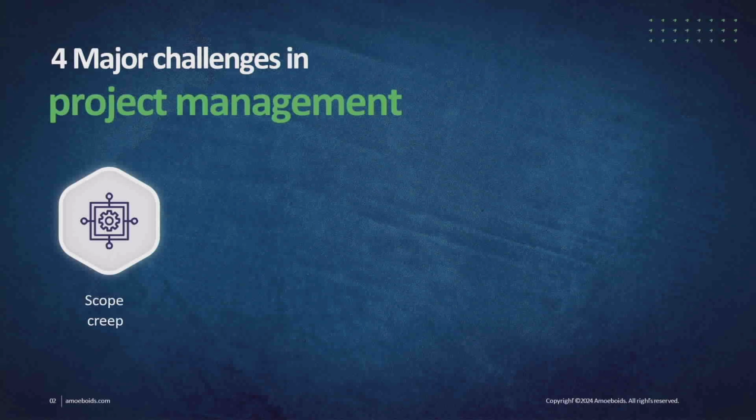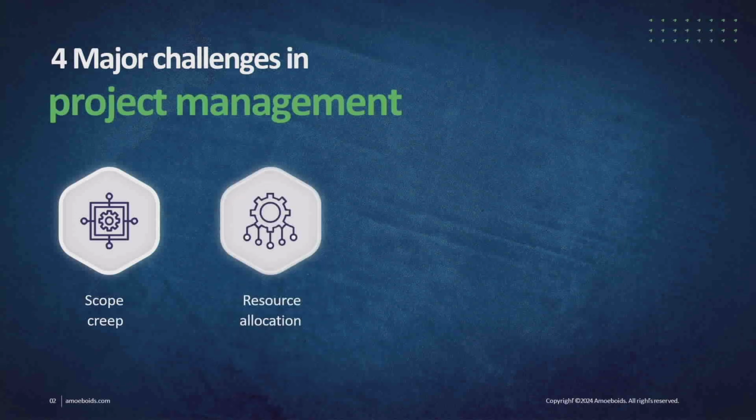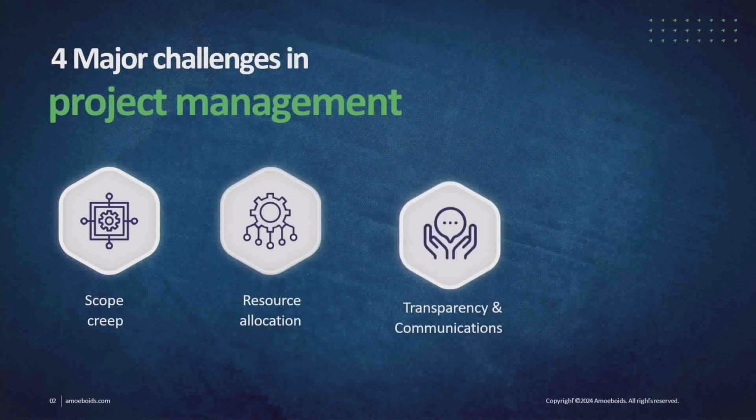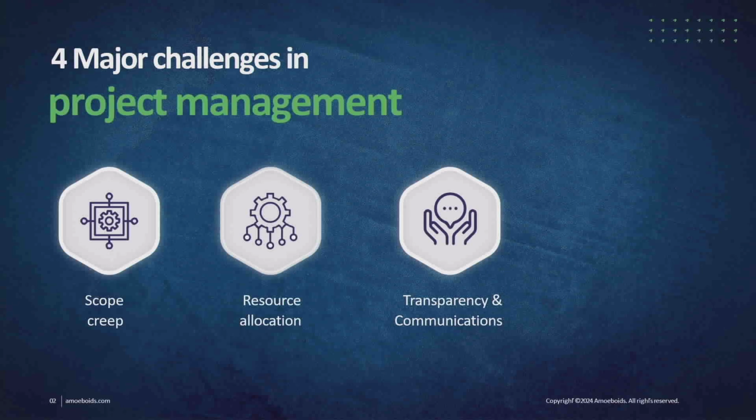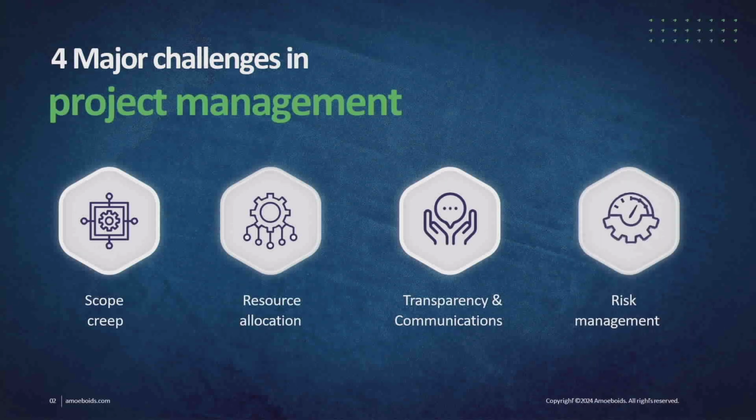Firstly, you've got scope creep, then resource allocation, transparency and communications, and risk management. The first 2, scope creep and resource allocation, I'm sure you've remembered the classical triangle: cost, scope, time. These 2 belong to that.